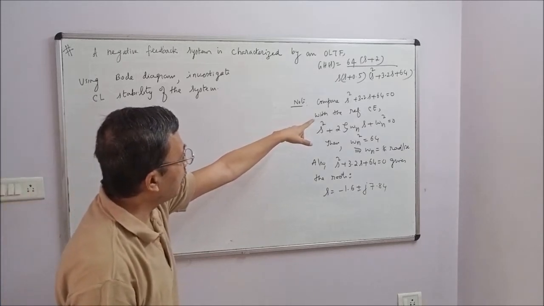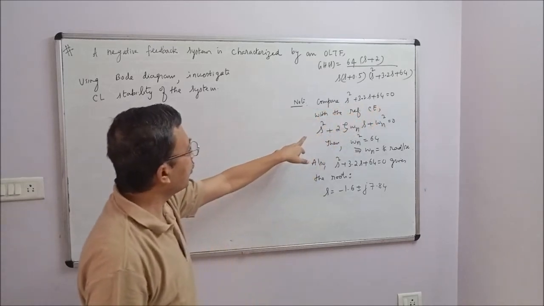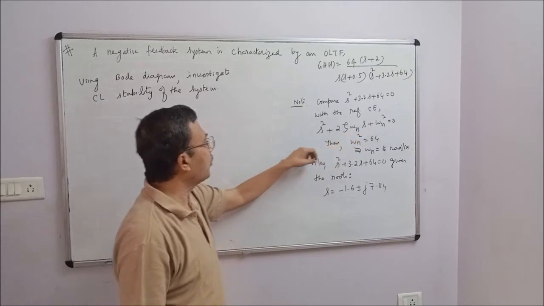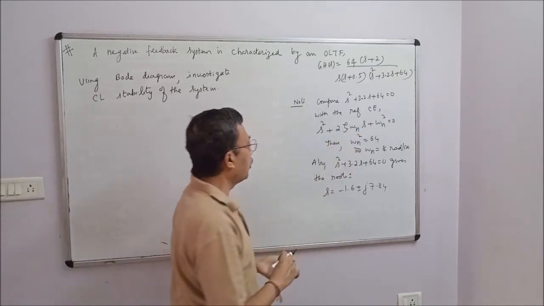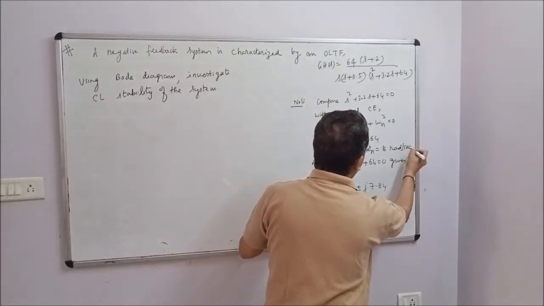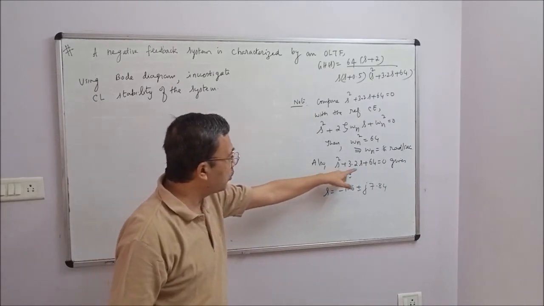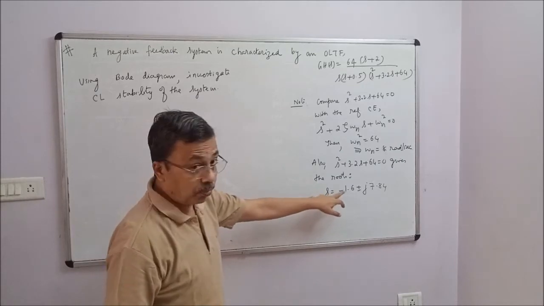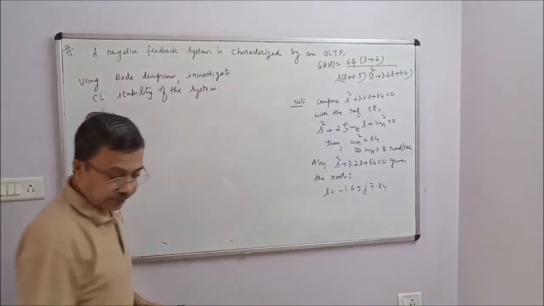Compare S square plus 3.2 S plus 64 equal to 0 with the reference characteristic equation S square plus 2 zeta omega n into S plus omega n square equal to 0. Then omega n square is equal to 64, which implies omega n is equal to 8 radians per second. Also S square plus 3.2 S plus 64 equal to 0 gives the roots S is equal to minus 1.6 plus minus j 7.84.